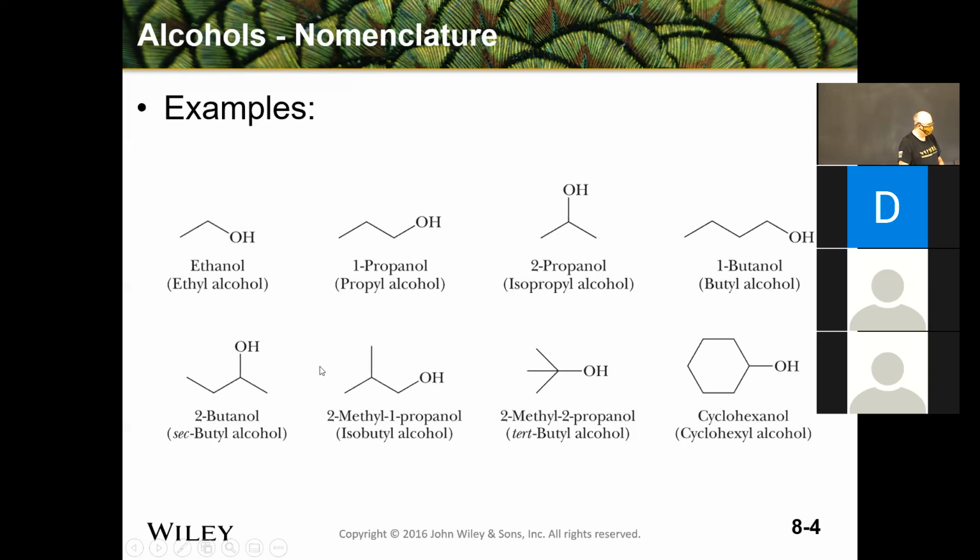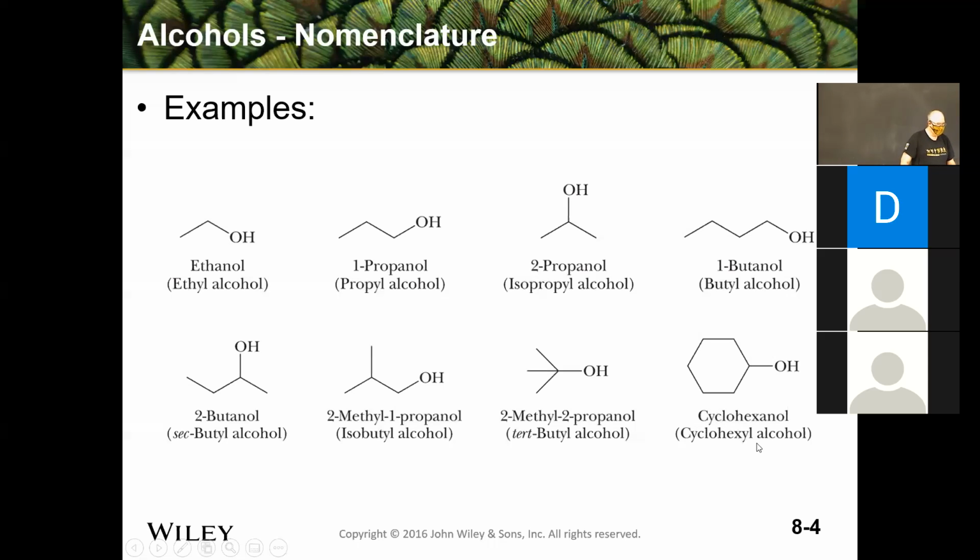Here's isobutyl. Both 1-butanol and 2-methyl-1-propanol are primary alcohols, whereas sec-butyl is the secondary. Here's tert-butyl alcohol, 2-methyl-2-propanol.